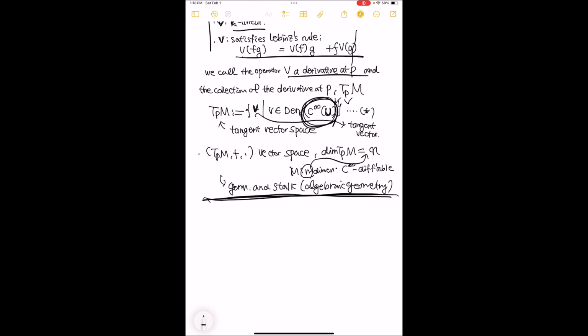When you define a tangent space using germs and stalks, we can overcome this vagueness, the annoying part.